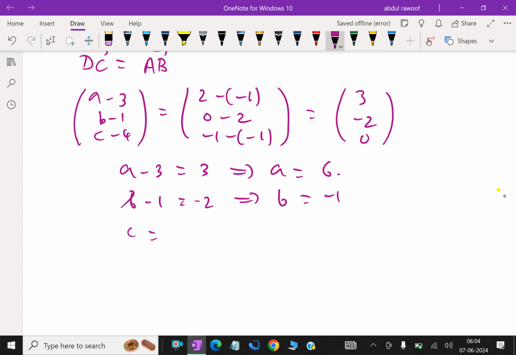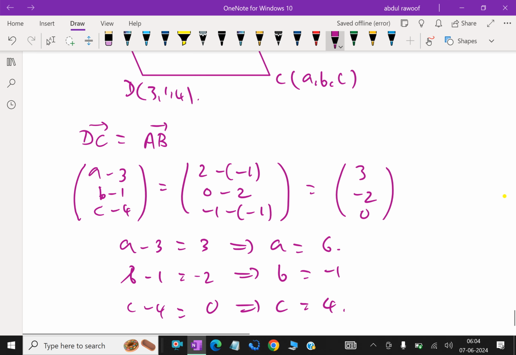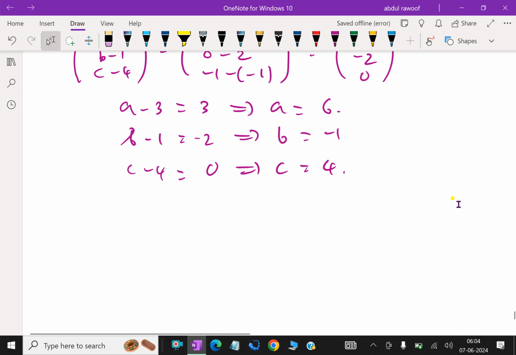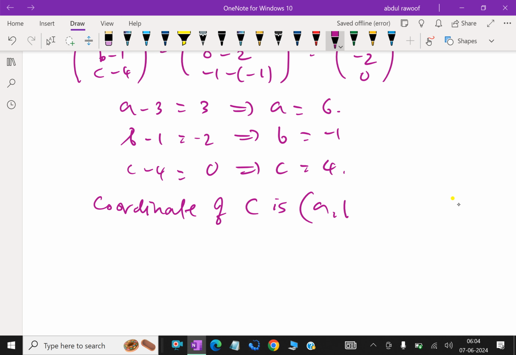And c minus 4 equals 0, which gives c equal to 4. Therefore, the coordinates of C are 6, minus 1, 4.